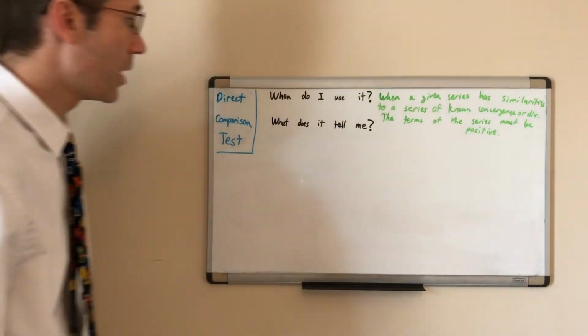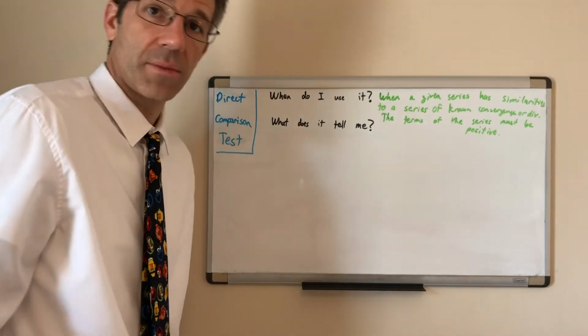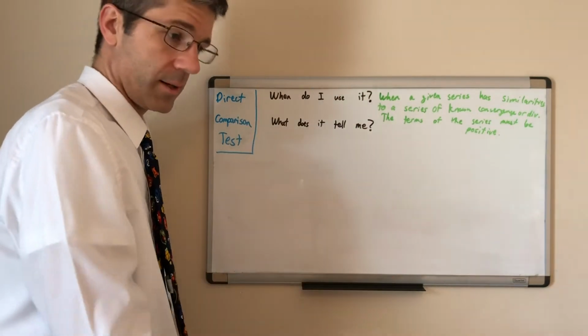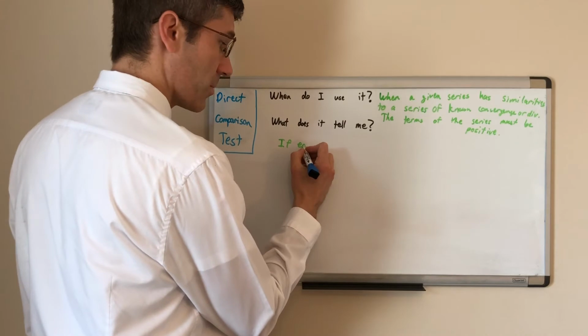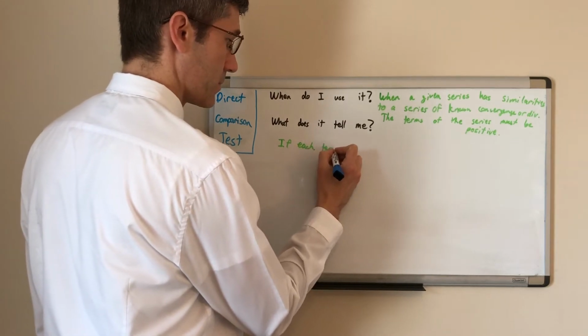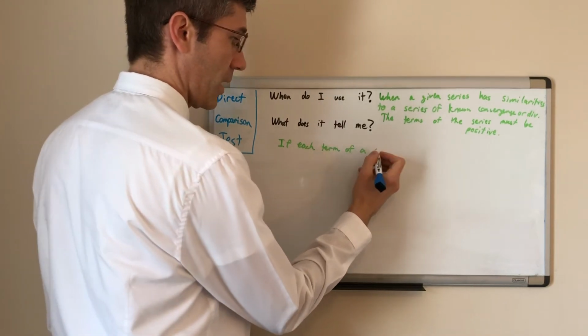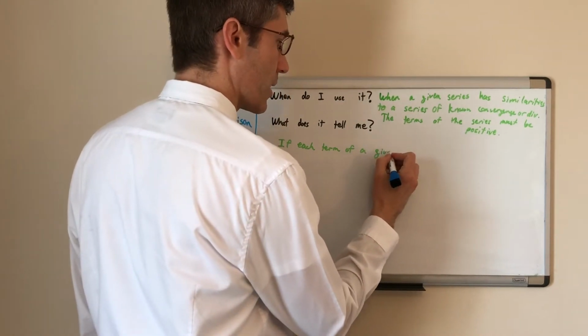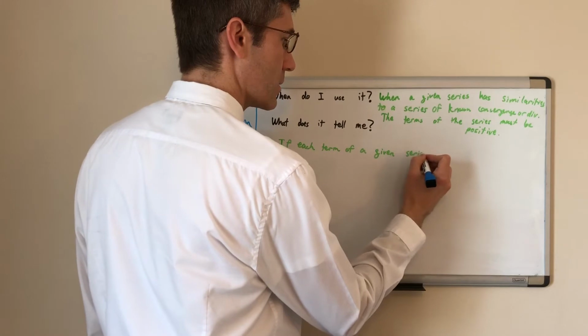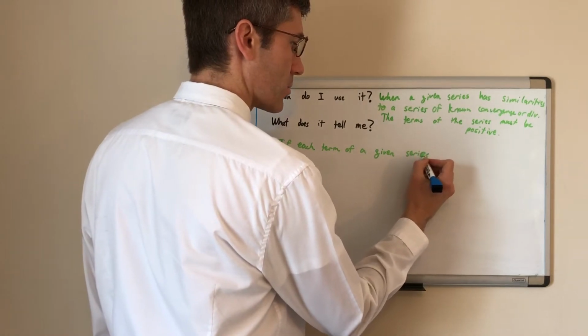Okay, so what does it tell me? Well, same thing I'd said with the analogy about height and shortness. So if each term, every term of a given series, the one they gave you, series, there we go.